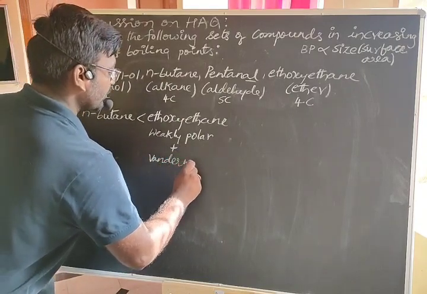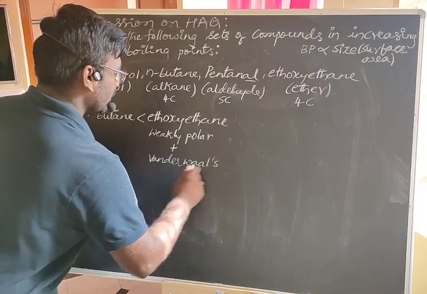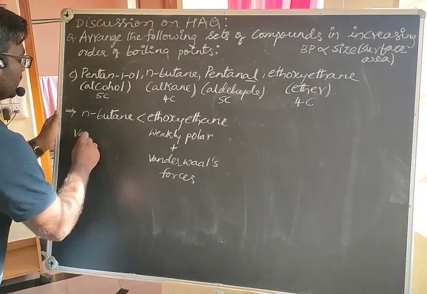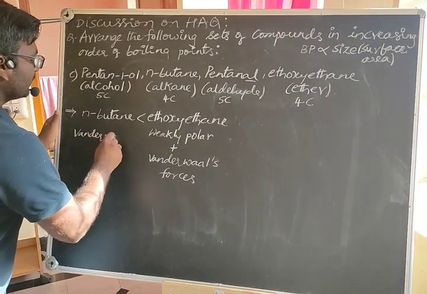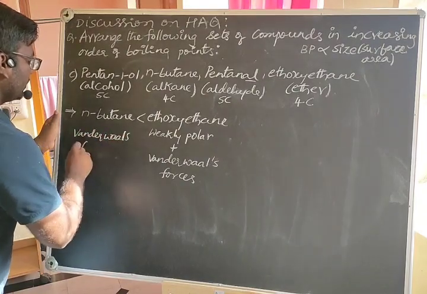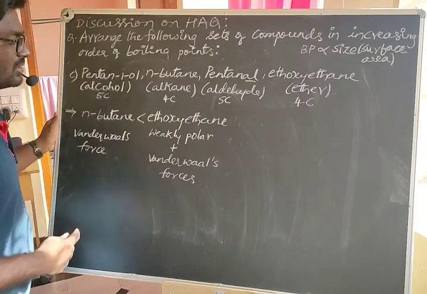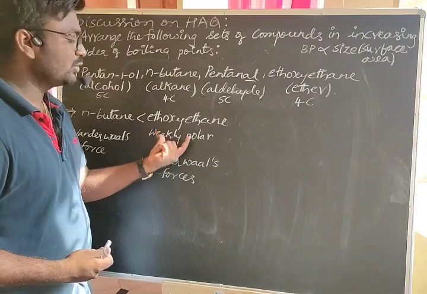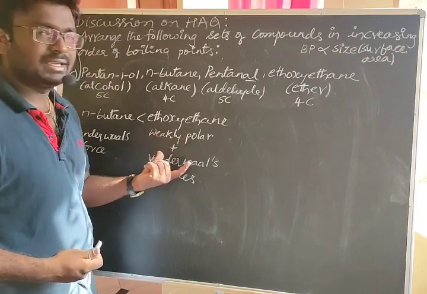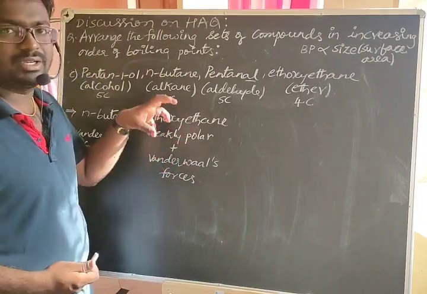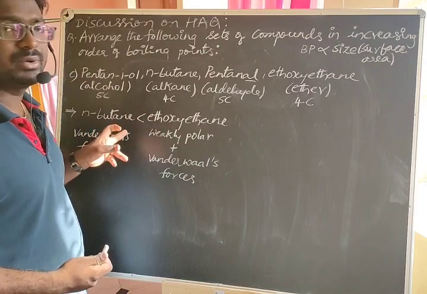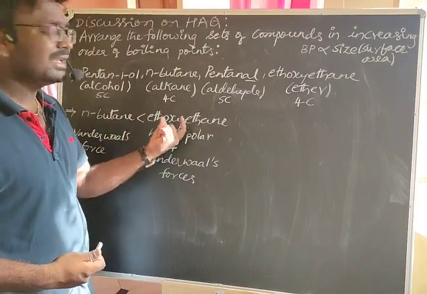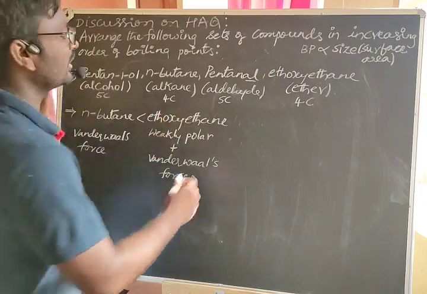Okay, and in this butane you can expect only van der Waals forces of attractions. In the ethoxyethane, along with the van der Waals forces, you can see some polarity. Therefore, its boiling point is little bit higher when compared to the butane, and it is a liquid, highly volatile liquid at the room temperature.